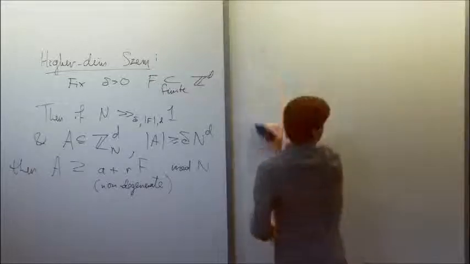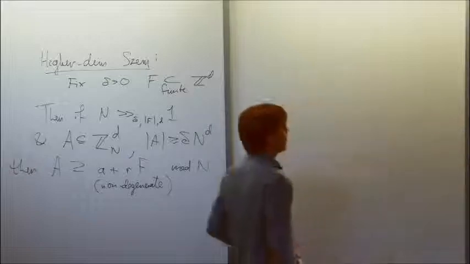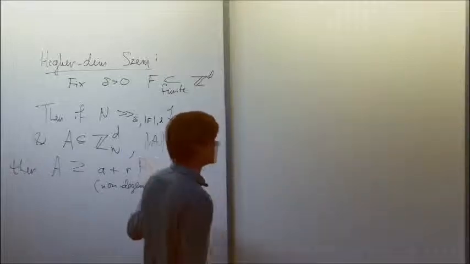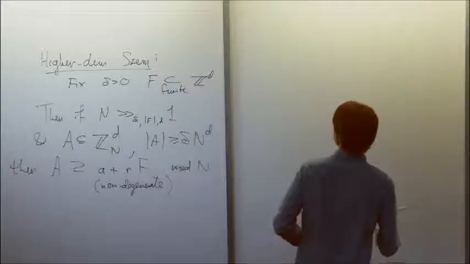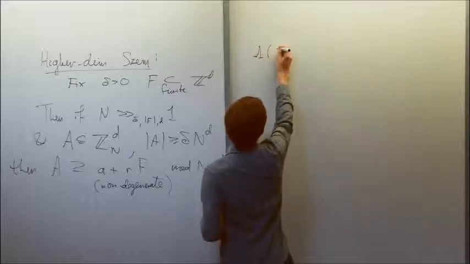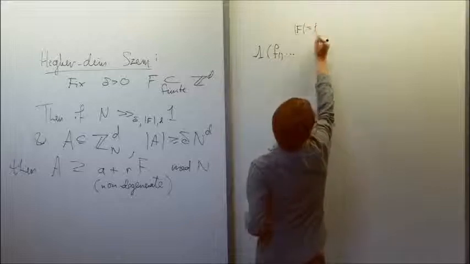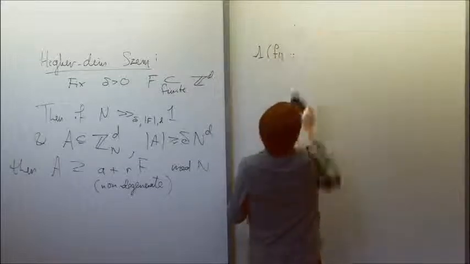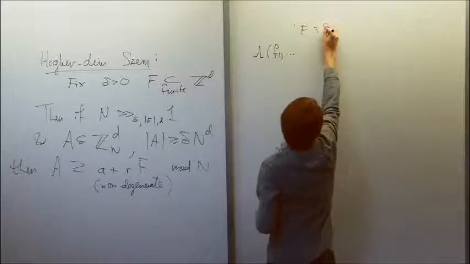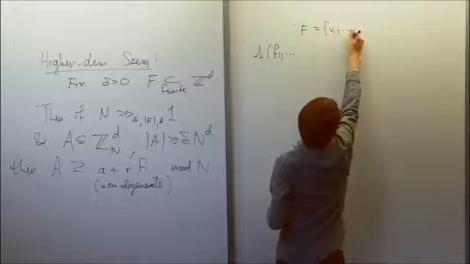So what I want to do is try and tell you what happens if you try to mimic Gowers's approach in this setting. So again, it's easy to write down the relevant multilinear form. So suppose F has size k. I should do better than that. Suppose F is the set v1 up to vk.